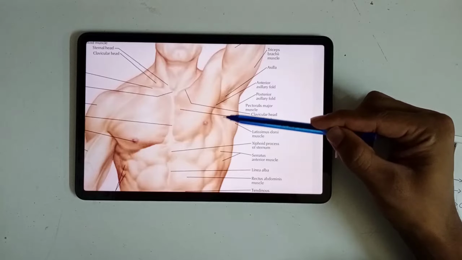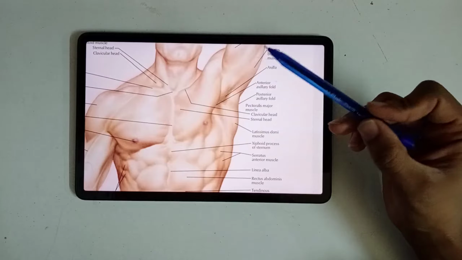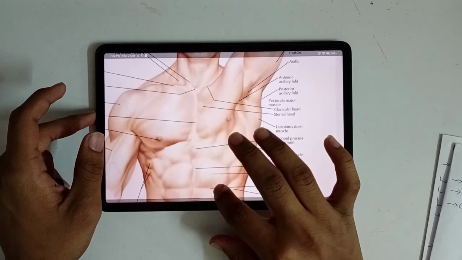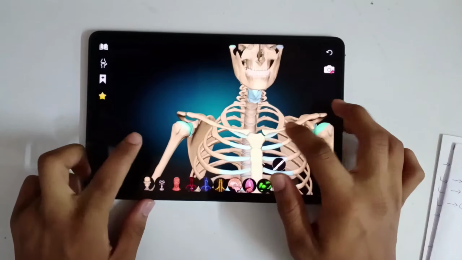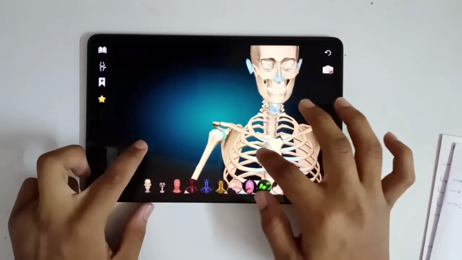Axilla is the armpit. This is the anterior axillary fold, and this is the posterior axillary fold. With the help of this model, I'll be showing you the walls forming the axilla.